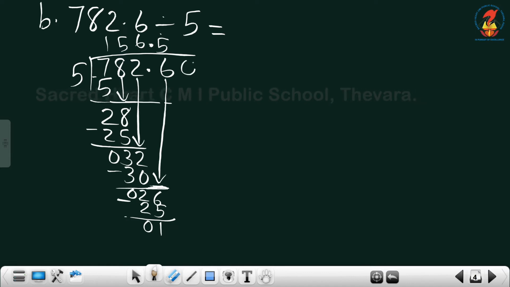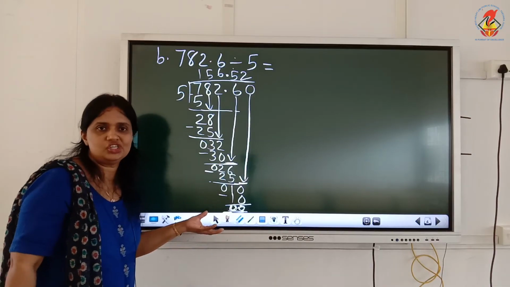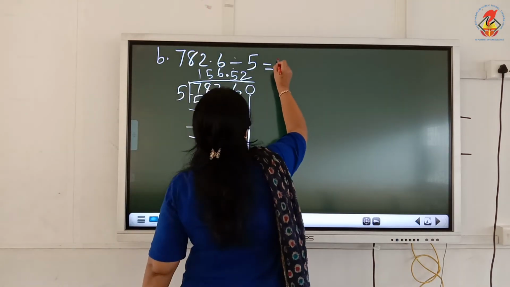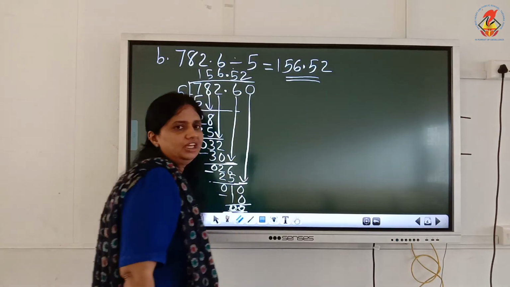I need to put one 0 in the dividend. After that, I need to take that 0 down and write it with that remainder. It will become 10. After that, 5 into which number equals 10? 2. And the remainder is what? 0. When the remainder is 0, at that moment we can stop the division. And the answer is 156.52. Okay, is it clear?